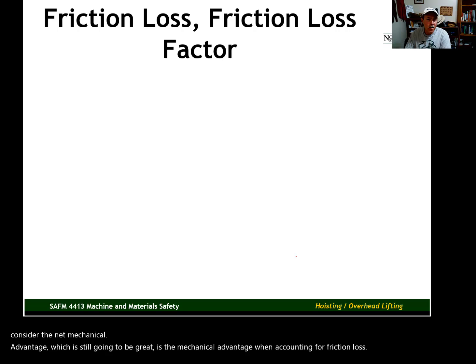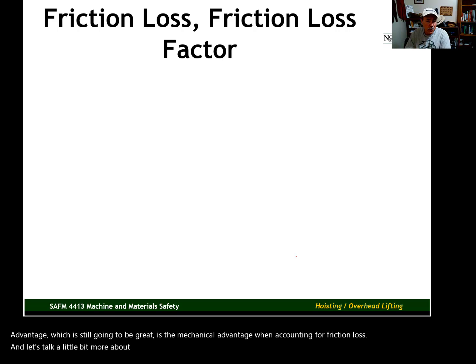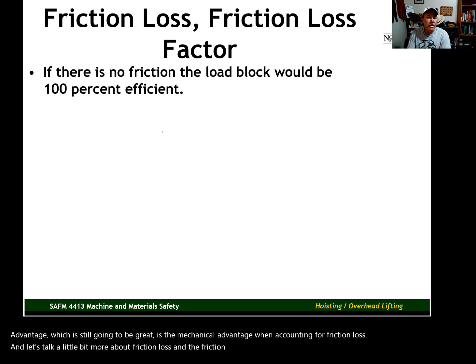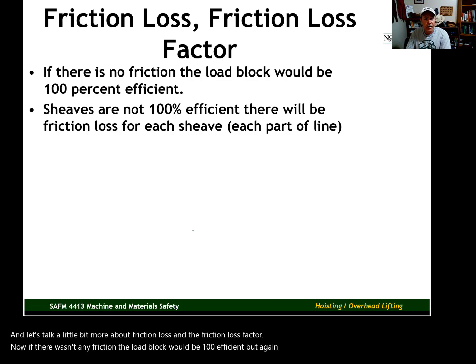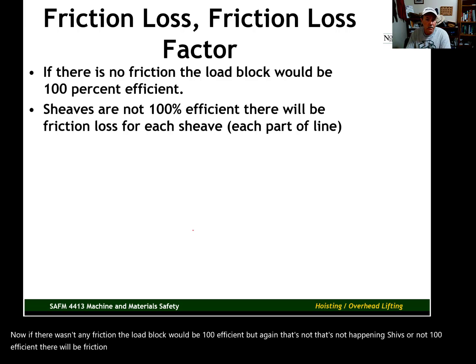And let's talk a little bit more about friction loss and the friction loss factor. Now, if there wasn't any friction, the load block would be 100% efficient. But again, that's not happening. Sheaves are not 100% efficient. There will be friction loss for each of the sheaves, and when I say each of the sheaves, we're talking about each part of line in the block configuration.